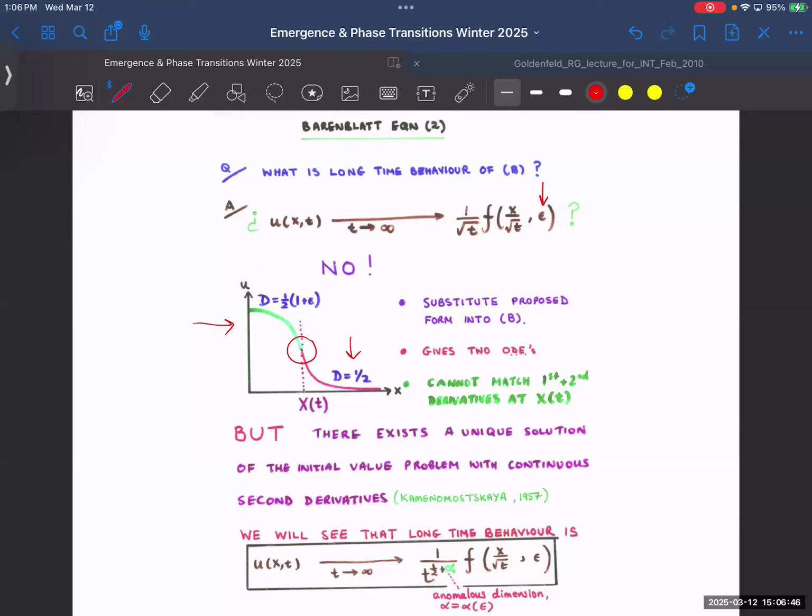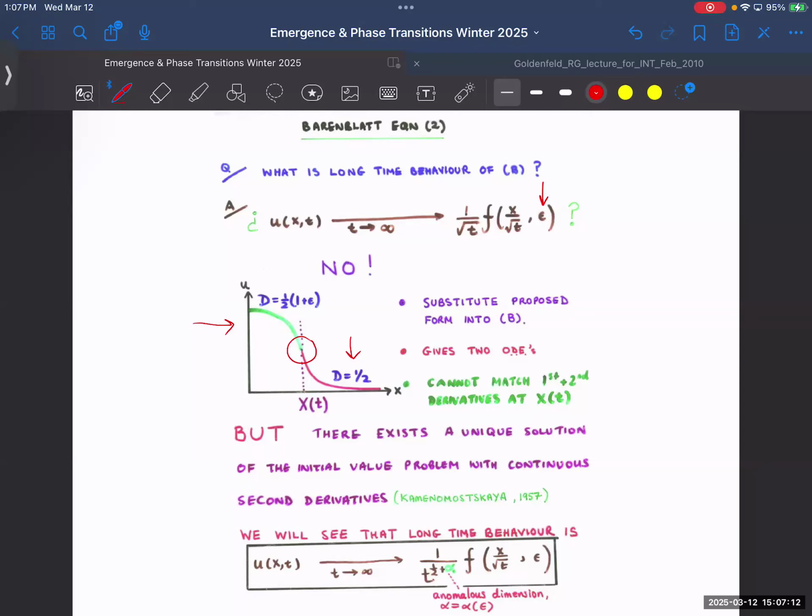Okay, so you say, well, this equation came out of somebody's back pocket. Maybe it's complete nonsense. Maybe it doesn't even have solutions. Maybe it's not a well-posed problem. But you can prove rigorously that there exists a unique solution of this initial value problem with continuous second derivatives. So the thing is that this is not the assumed solution.